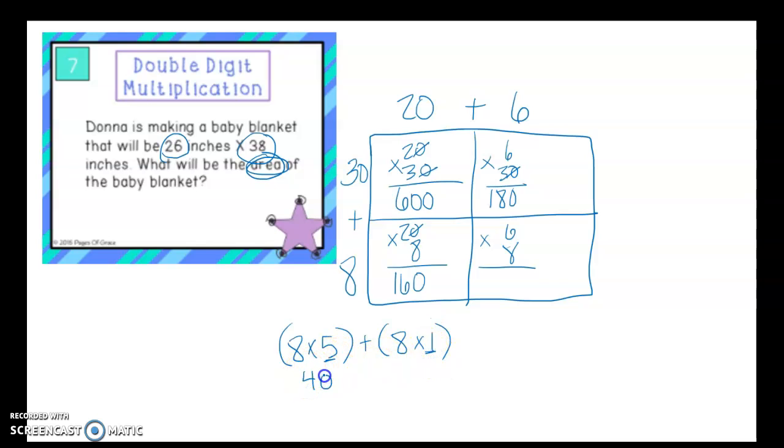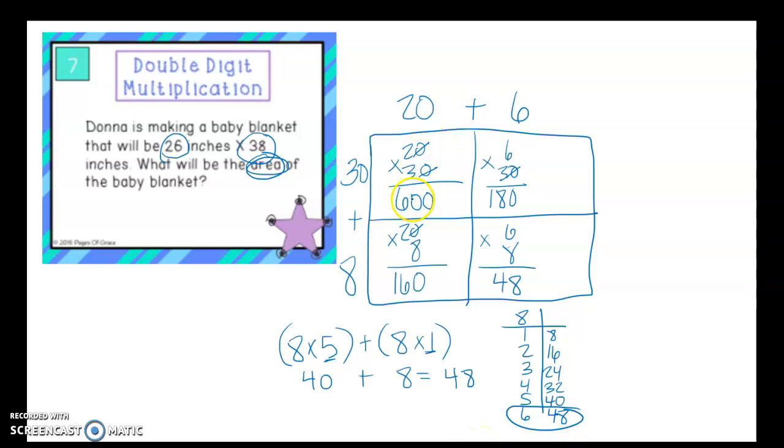So this is 40 plus this is 8, so 48. 6 times 8 is 48, and that helps me solve that. You could have also drawn your T-chart. You could have done that for your 8s and gone all the way to 6 to help you. And you could have gone 8, 16, 24, 32, 40, 48. That would have also been helpful.